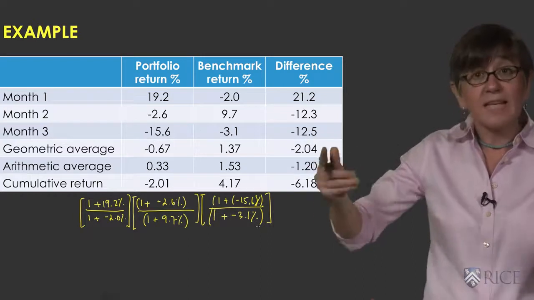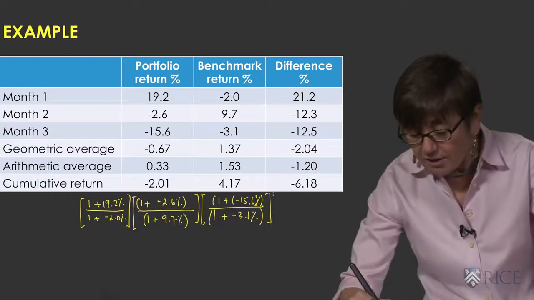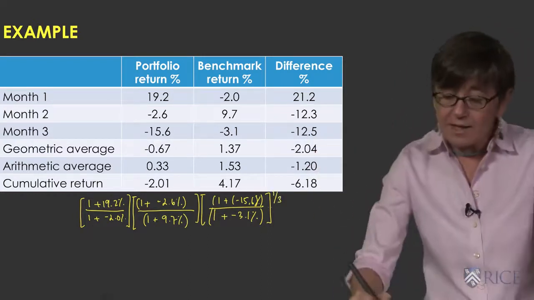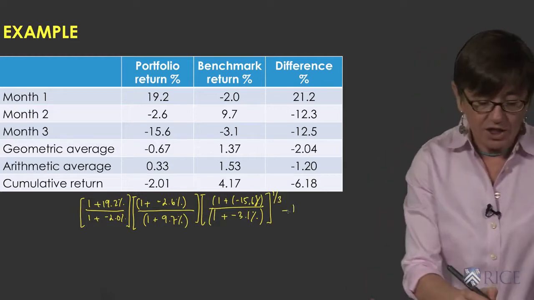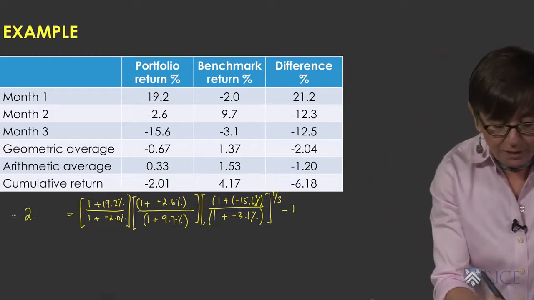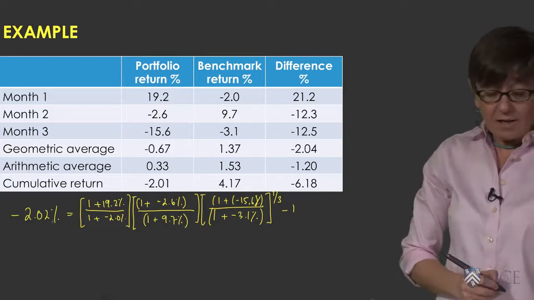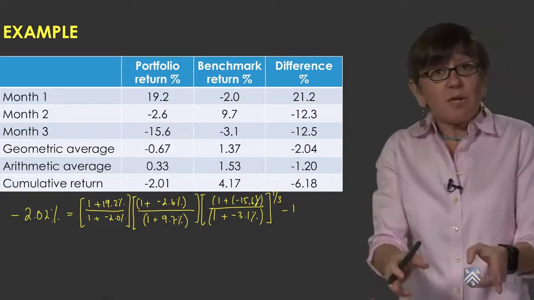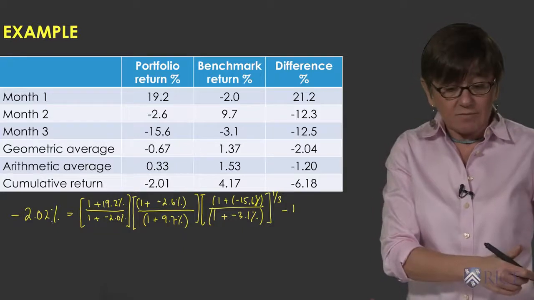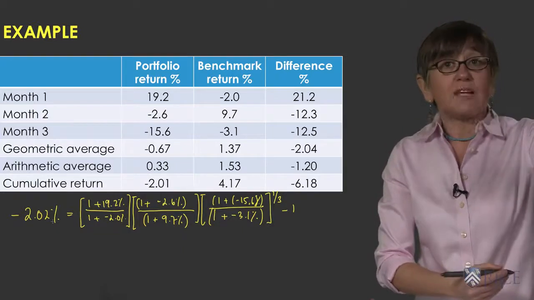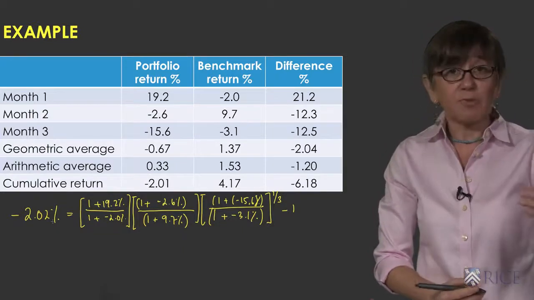So what is the geometric mean excess return? Take the 1/3 root of that, minus 1, which gives us minus 2.02%. So this is exactly what we did in the previous slide, to compute the compound excess return for each period.